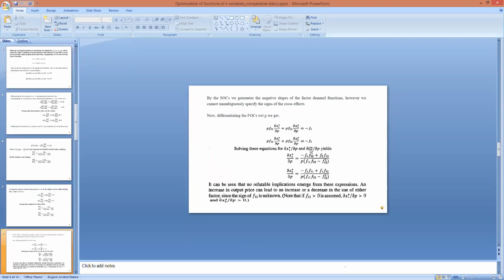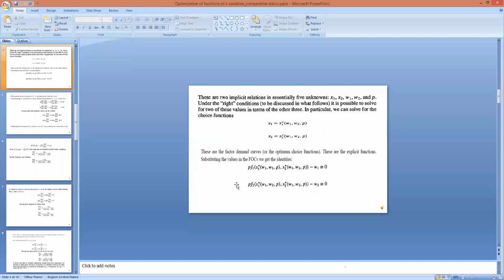F1 and F2 we are getting back from this expression when we are taking the derivative with respect to P. So first we are considering P to be constant and getting two derivatives, of X1 star with respect to P and X2 star with respect to P. Finally we are taking the derivative with respect to P, and we are getting back F1 in the first expression and F2 in the second expression.